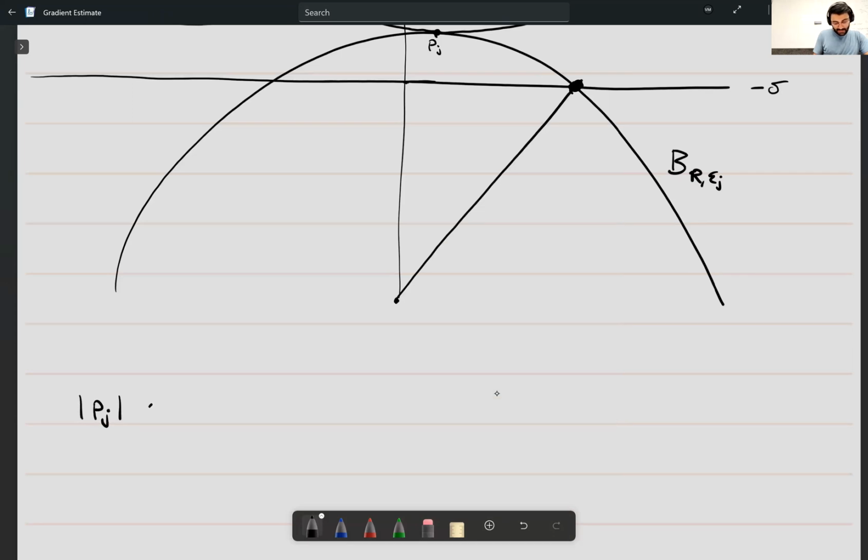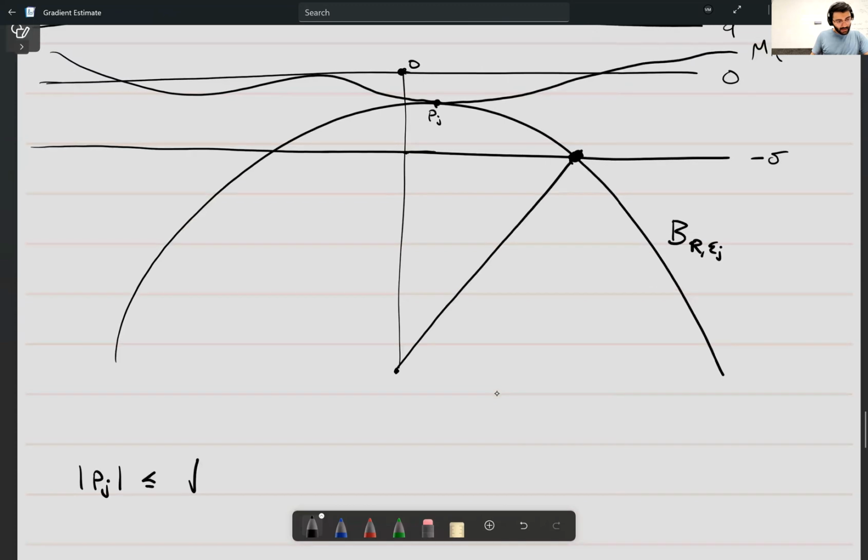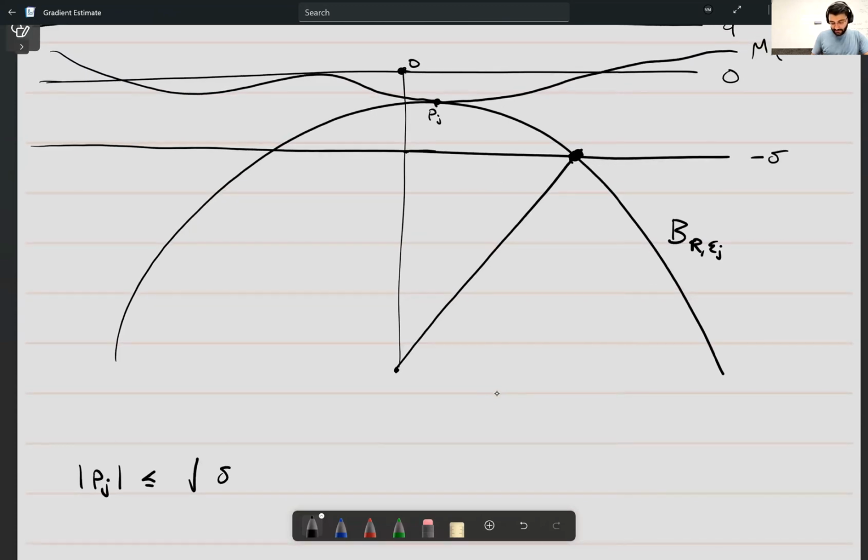|p_j| therefore has to be less than or equal to the square root of delta squared plus, this height here, this is r minus epsilon plus delta, so this is the square root of r squared minus (r minus epsilon plus delta) squared.